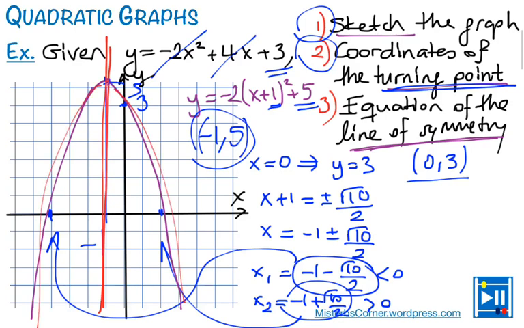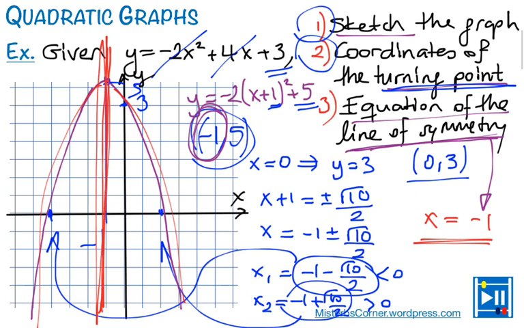And luckily, when you find the coordinates of the turning point, you also find the equation of the line of symmetry, which will be the x-coordinate of the turning point. So for this, all you have to write down is it's going to be x equals negative 1. That's the line of symmetry that you can see here, because the line of symmetry passes through the turning point. All right? So the line of symmetry will be x equals negative 1.